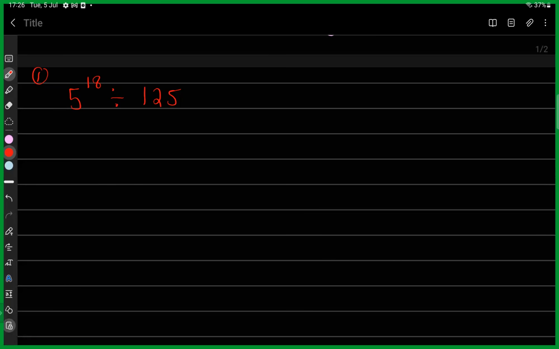So we know that 5 multiplied by 5 is 25, and then if I multiply 25 by 5, that would give me 125. So 5 multiplied by 5 multiplied by 5 gives me 125. This means that it is 5 cubed. So I can write down the same question as 5 power 18 divided by 5 power 3.